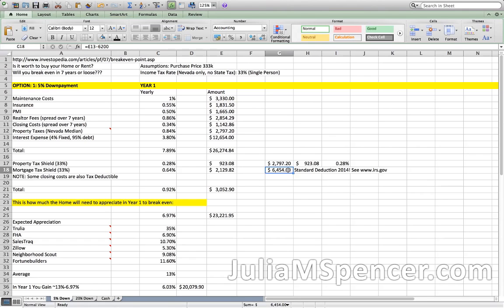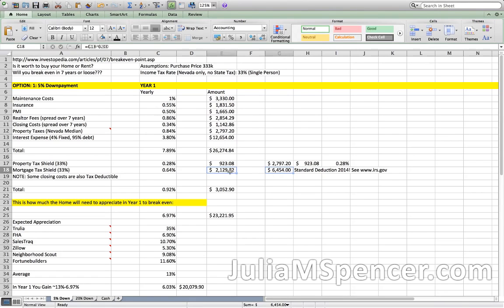But basically, to calculate what is your actual savings on a house, because you would get the $6,200 deduction anyways, whether you owned a home or not, you would have to take the interest expense and subtract the standard deduction from it, and you would get this number. So E13 minus 6,200, this is your interest expense for the year.